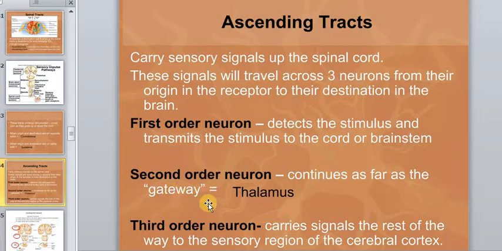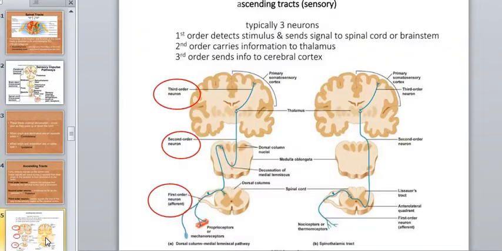Second order neuron continues as far as the gateway, as usual the thalamus, and third order neuron carries signals the rest of the way to the central region of the cerebral cortex. And here we can see this example: first order neuron, second order neuron, and third order neuron. It's the typical way for sensory information.